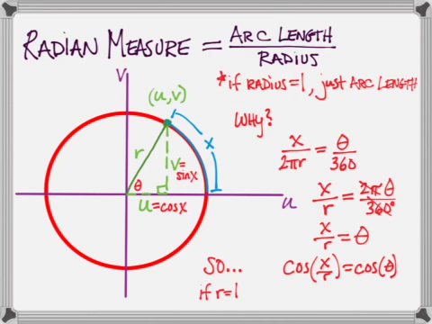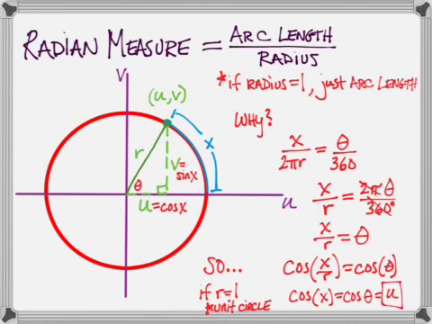And then what's cosine of theta if you just look at your triangle? U over r, and if r is 1, what does it equal? U. So what we're going to get, if we are on a unit circle, cosine of x is cosine of theta, and all of that equals u.